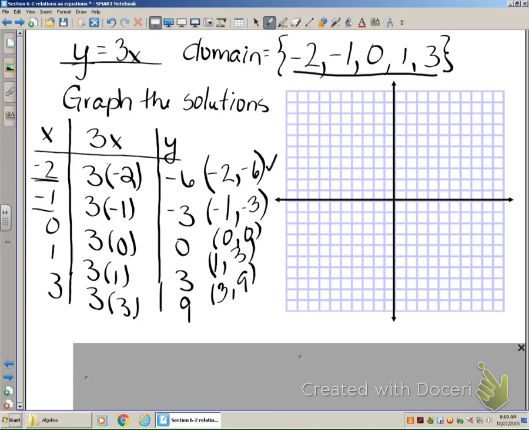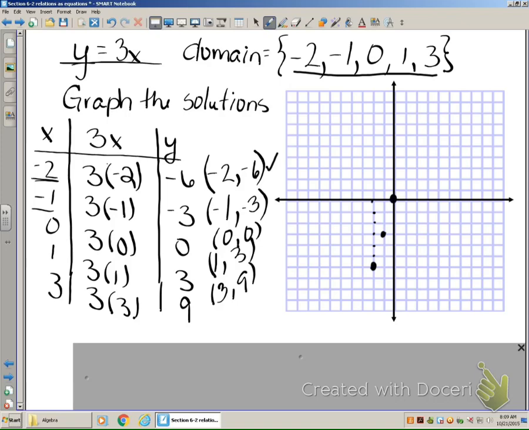So if I want to graph this one, (-2, -6), I'm going to go over 2 on my x-axis and down 6: 1, 2, 3, 4, 5, 6. I'm going to put my point. (-1, -3): go to the left 1, down 3. Going through the origin, (0, 0).